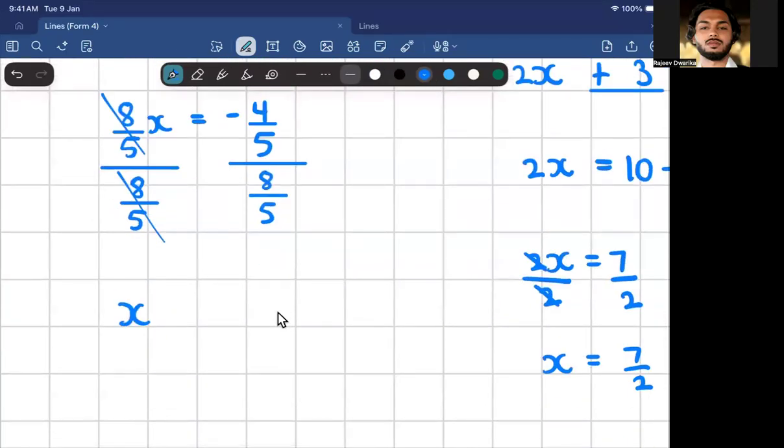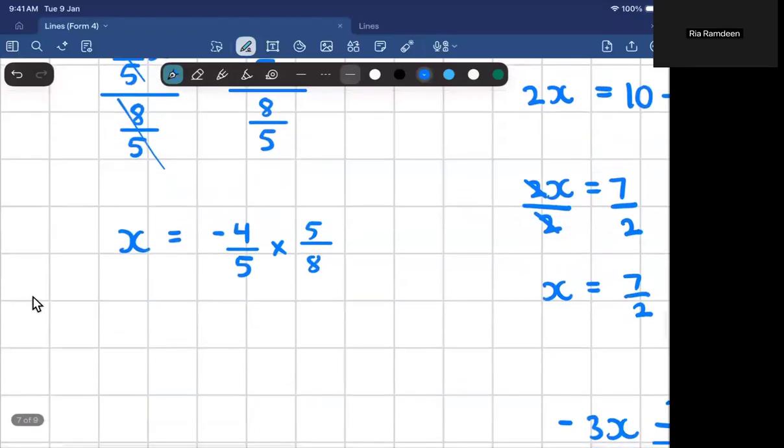So we're going to end up with x. So Ria, didn't I just divide both sides by 8 over 5? Yes, sir. If I'm changing division to multiplication, what's going to happen to the fraction that I'm dividing by? You'll change it to 5 over 8. Right, I'll change it to 5 over 8. Perfect.